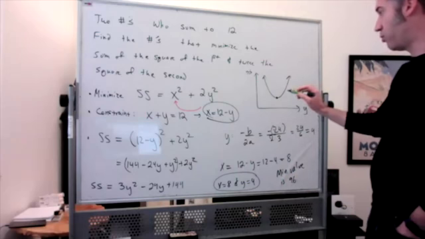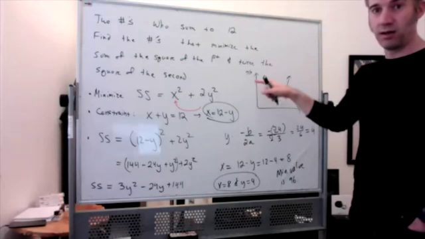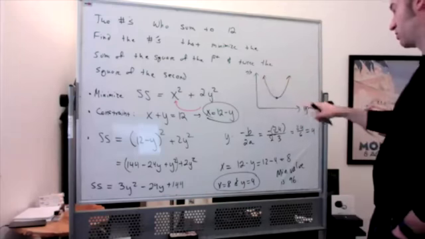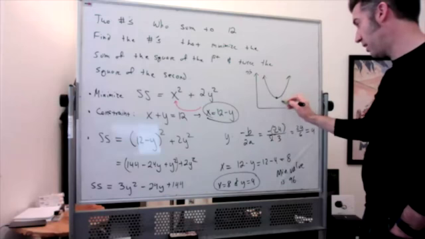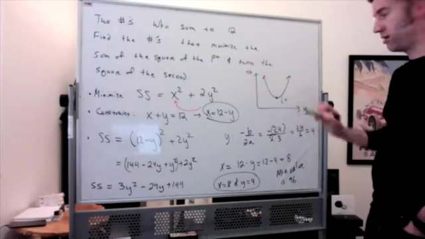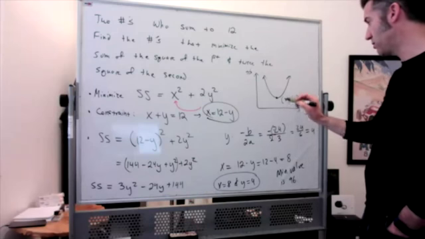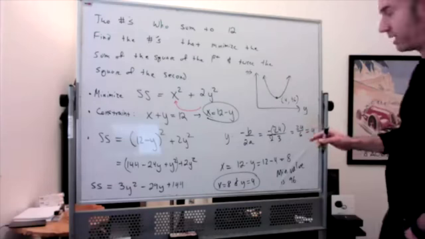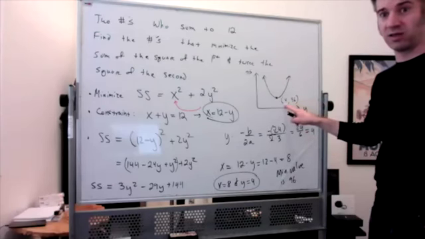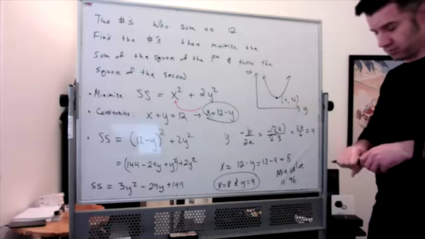If you found the vertex of this parabola, where you're doing sum of squares as a function of y, that vertex coordinate would be the y coordinate in the first spot and the sum of squares coordinate in the second spot. So when y is 4, the sum of the squares is minimized, and that minimum value is 96.